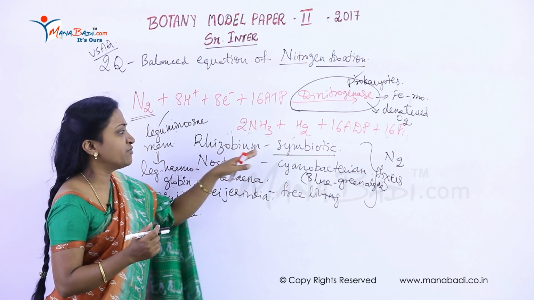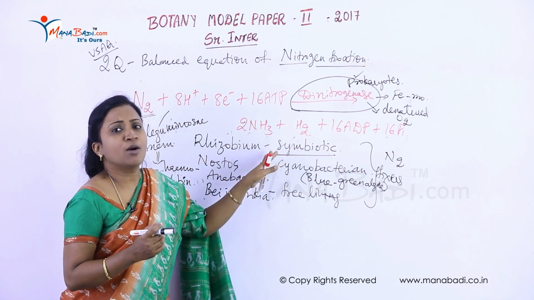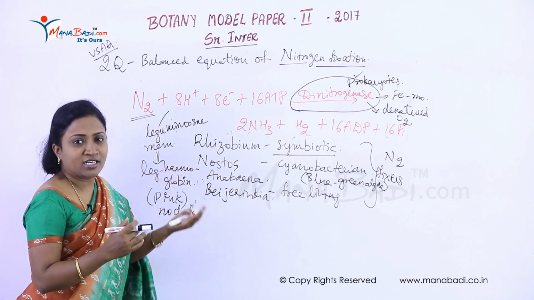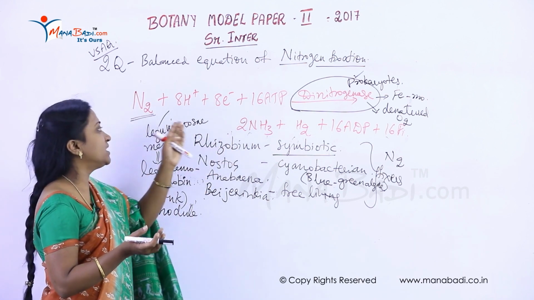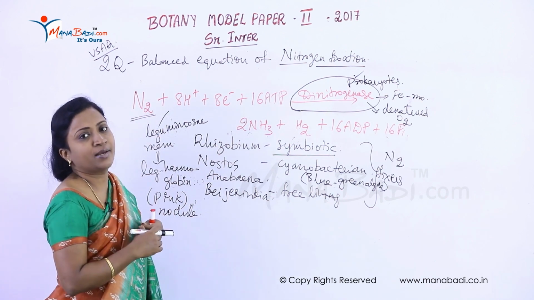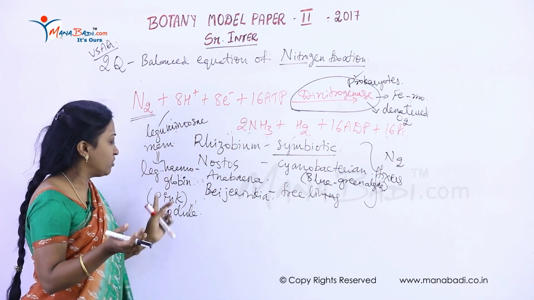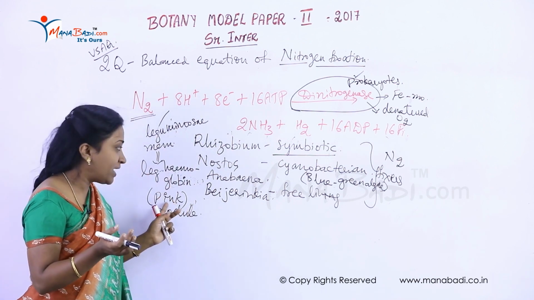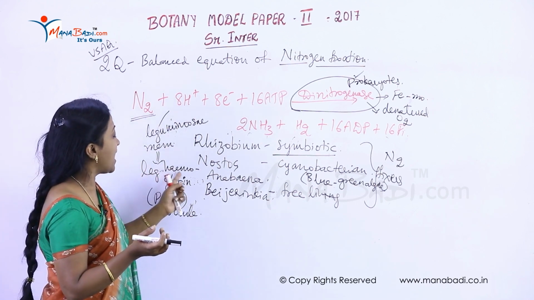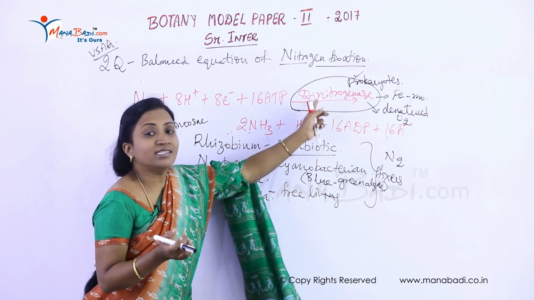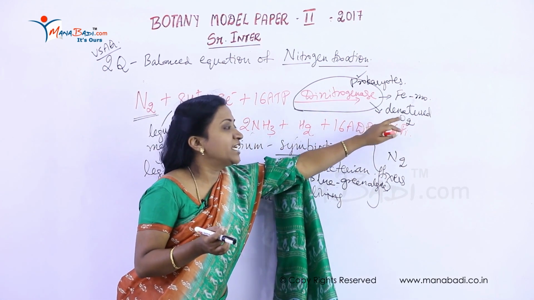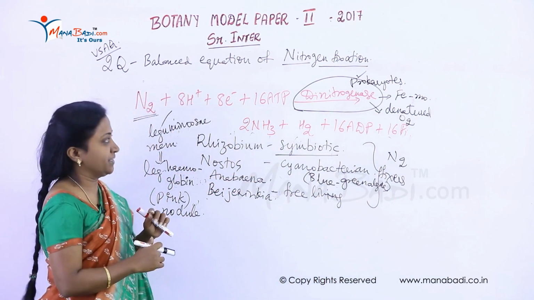That is a specification we can see in symbiotic microorganisms. As the symbiotic association is between the Rhizobium bacterium and the leguminous members, the root nodules have a pink color pigment called leghemoglobin, wherein this leghemoglobin prevents the dinitrogenase enzyme from getting denatured by oxygen.